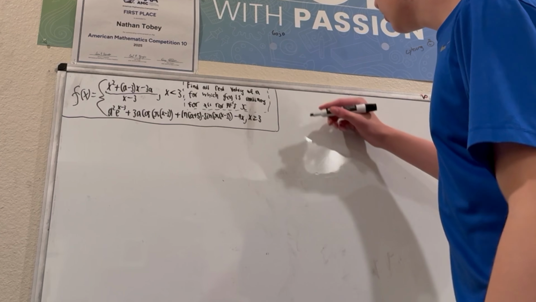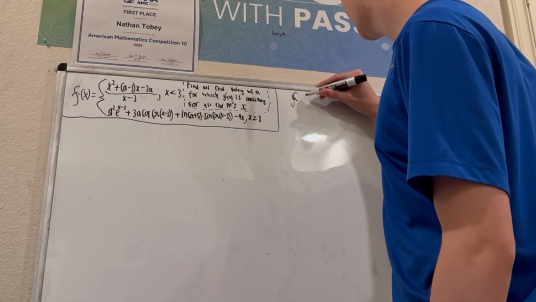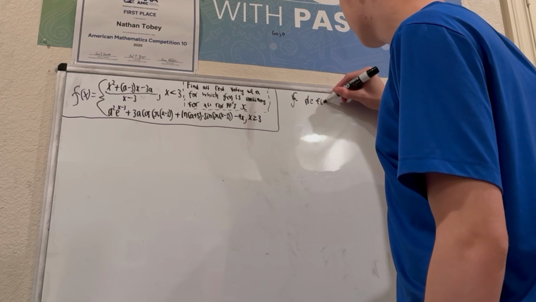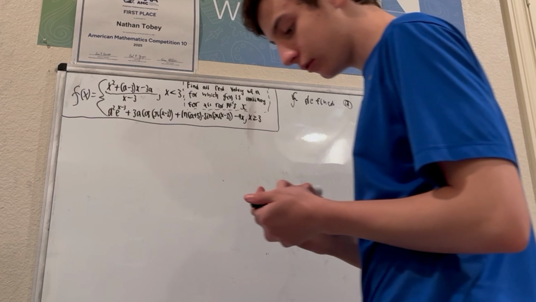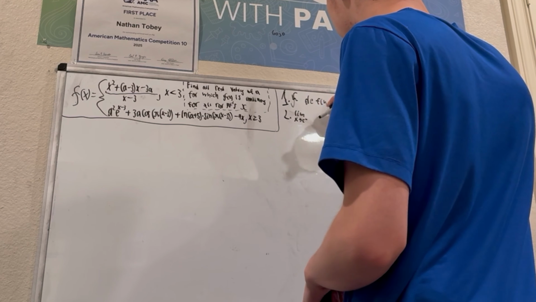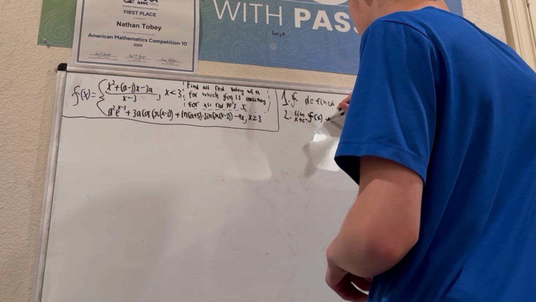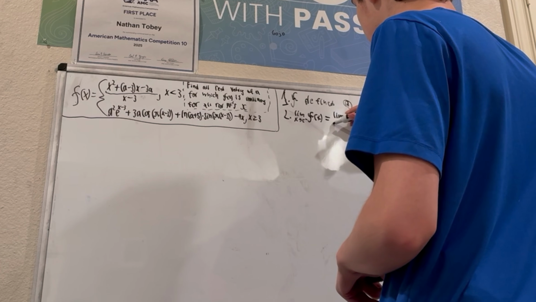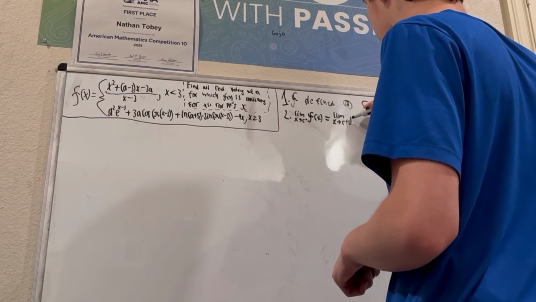Well, 1, f must be defined at c. 2, the limit as x goes to c from the right of f of x must be equal to the limit as x goes to c from the left of f of x.